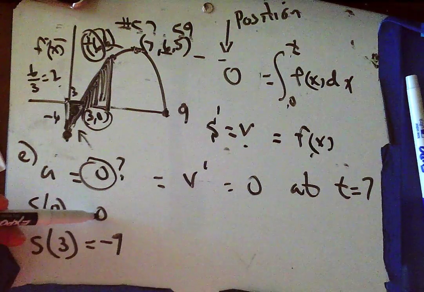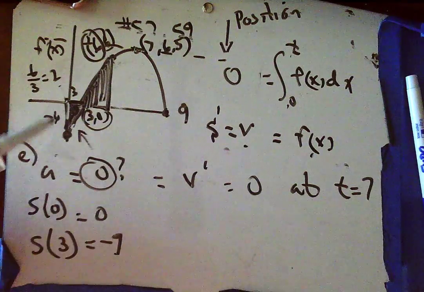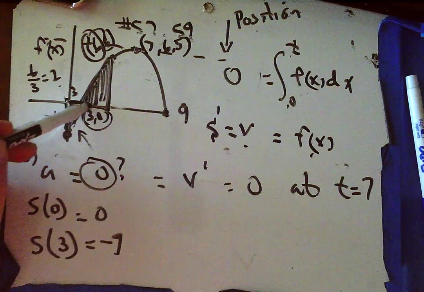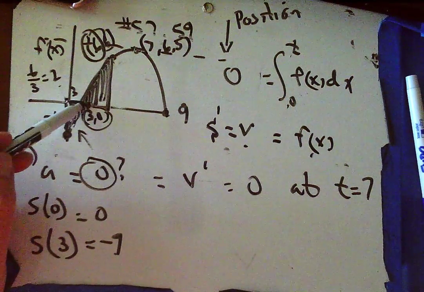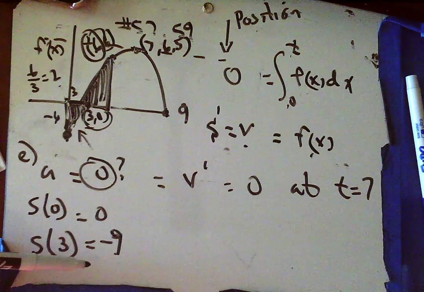So we were at the origin, and we moved to the left, to the left, to the left. We stopped moving when we got to 3. And we had moved 9 to the left.